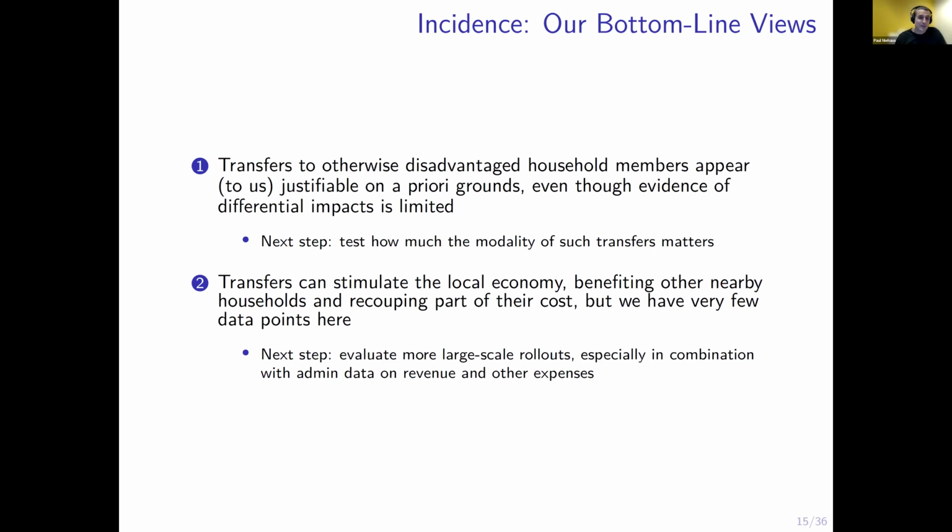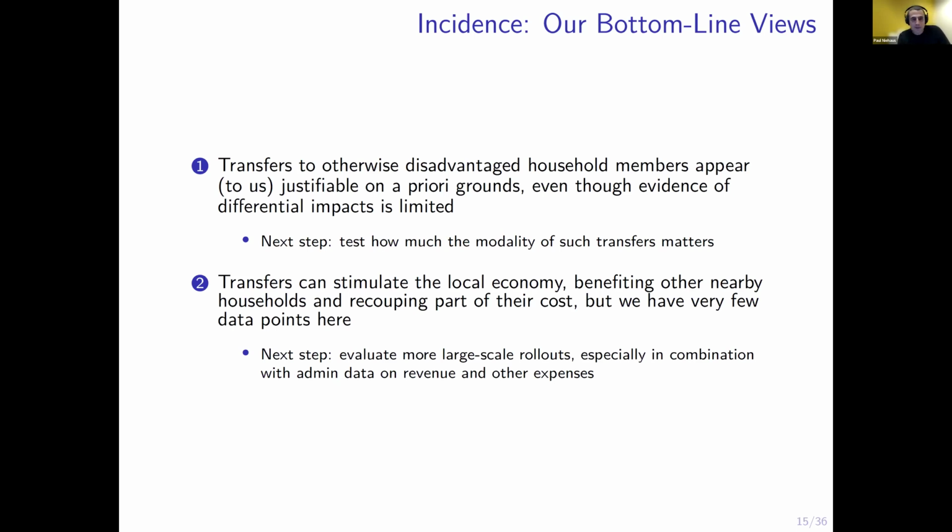If I just want to ask Tavneet, would you prefer to receive $1 yourself or $1.50 into an account that Paul controls? I can do that very quickly, very cheaply, very easily, and get a lot of precision on estimates like that. And those are very informative about the way household decision making works. So one thing we emphasize in the paper is that that's a complementary and potentially very useful way to learn faster and more cost efficiently about this topic than just looking at impacts.